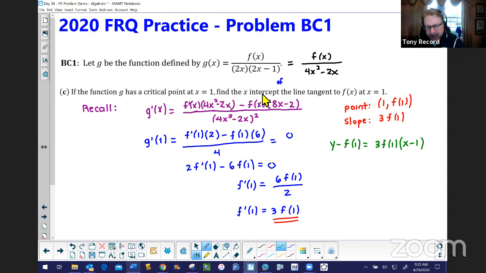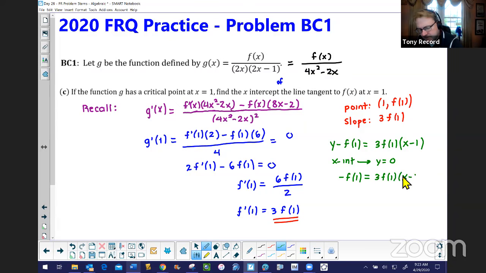It wants the x-intercept of the line tangent to f of x at x equals 1. So in other words, we want to know where this line crosses the x-axis. And the x-intercept is just another way of saying that the y value is 0. It implies that the y value would be equal to 0. So if we go back to this equation and let this y be 0, we find this relationship to be true.